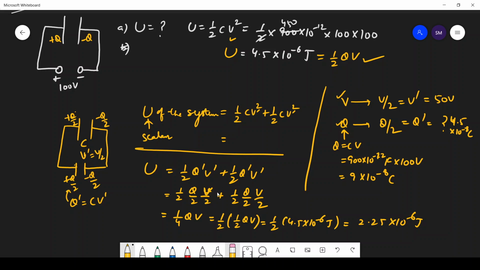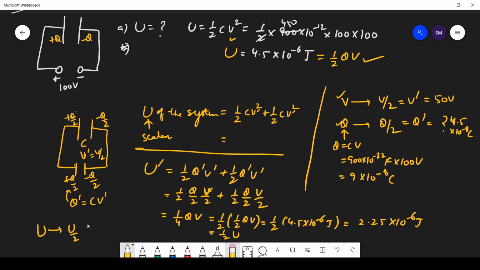So the energy of the system is decreased. Here, if I'm using the U symbol, this is U dash, so this is U by 2. So it's half of U. It is reduced by half of U. So the important thing is that energy is reduced in the system from U to U by 2. So where has this energy gone?